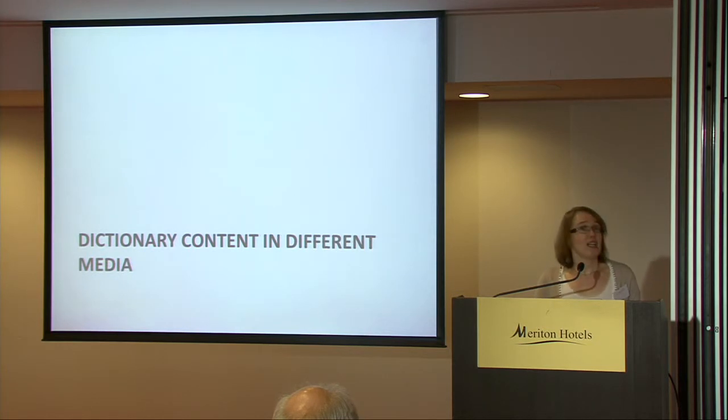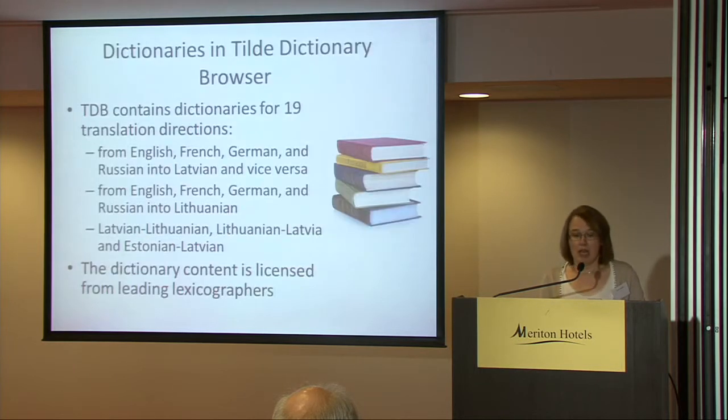A few words, I'm running out of time, about different media. Maybe at the beginning, there was a question by reviewers about what content we actually have in our browser. And currently it's mostly for Baltic languages, Lithuanian and Latvian.